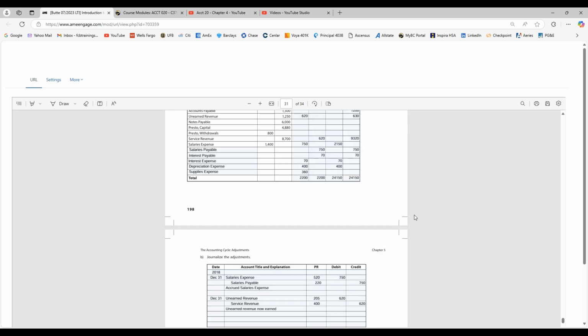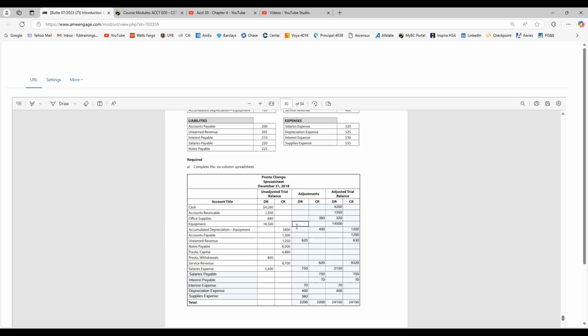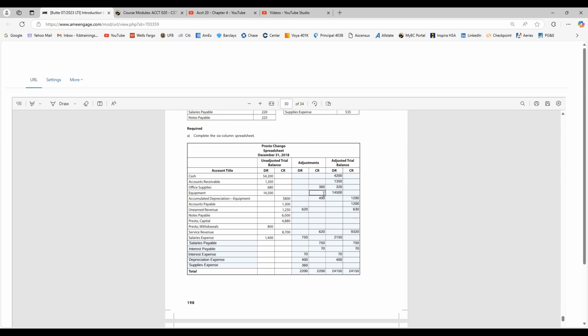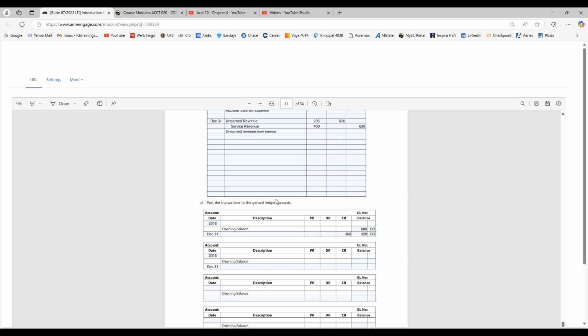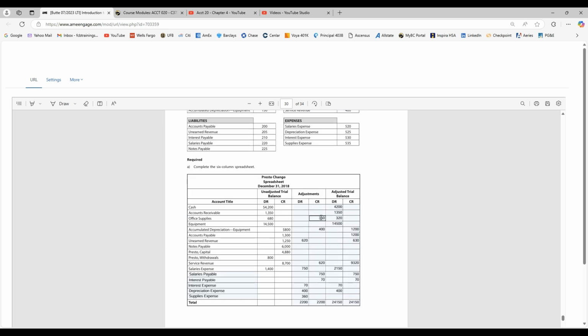So basically it's just going down the line of office supplies, and I'll do one more with you guys, and I'll leave the rest for you all. So accumulated depreciation, you'll have an opening balance, if you will, of $800, and then we're going to increase that by 400. And again, I can't put the names and the account number in here, but I'm just going down the line and taking any accounts that are adjusted.